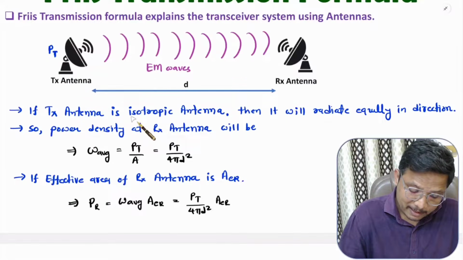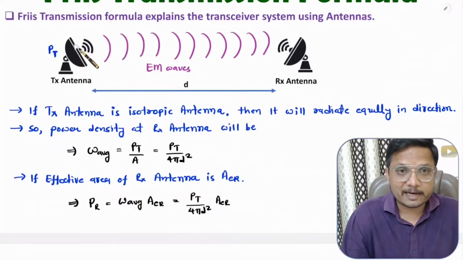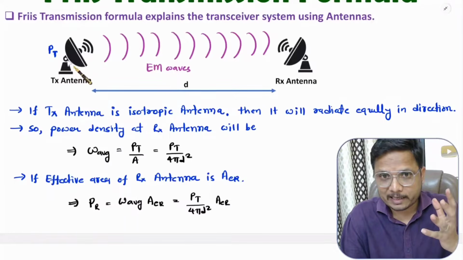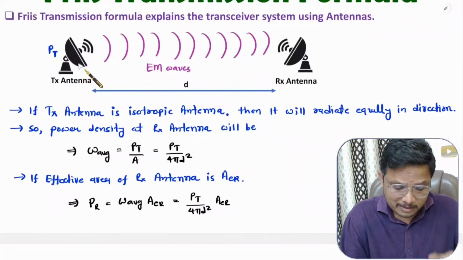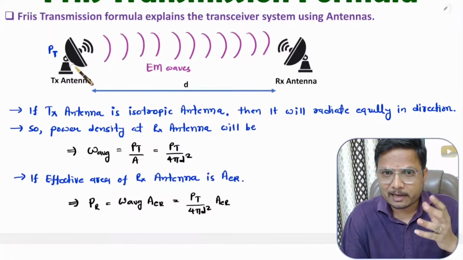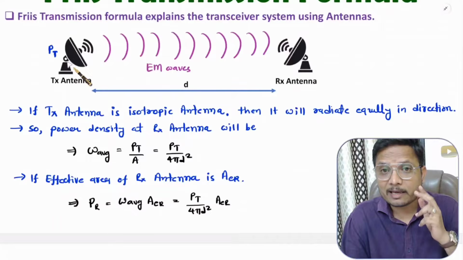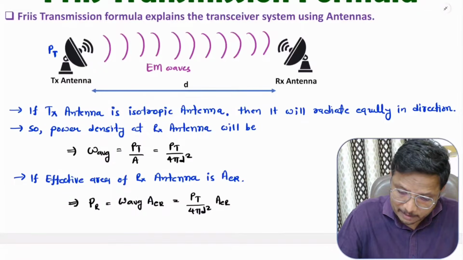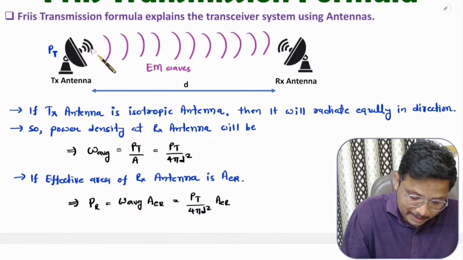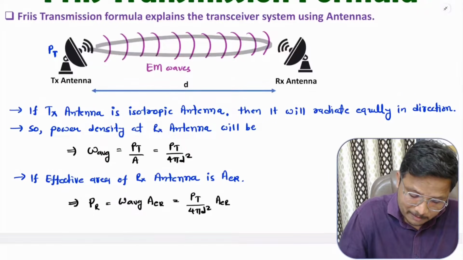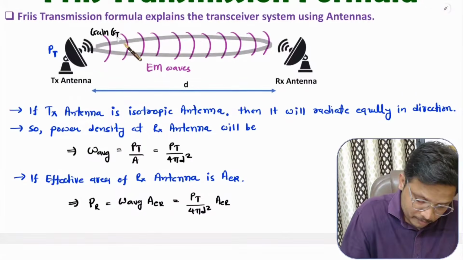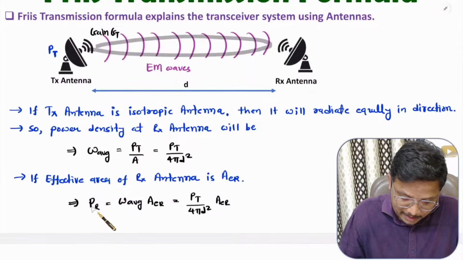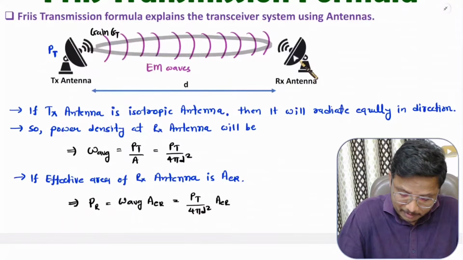But here we have considered an isotropic antenna as the transmitting antenna. What if you have some other antenna? Let us consider that the transmitting antenna has gain GT towards the receiving antenna. If the gain is GT, then the received power will be this power multiplied by the gain GT.